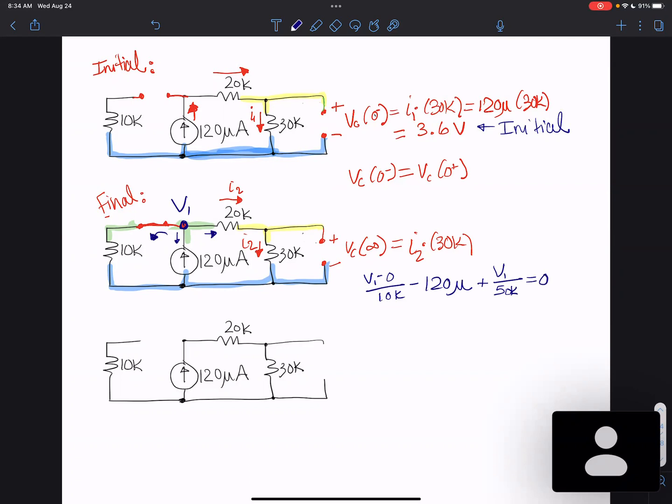And so then I can combine the V1s. For 10K. And then if I know V1, what's I2?